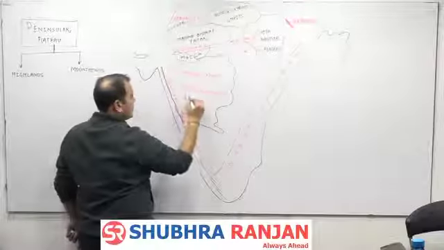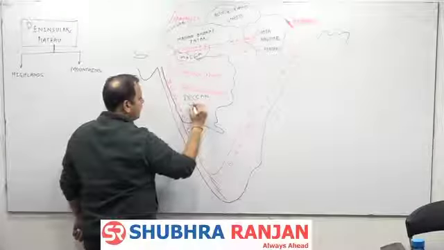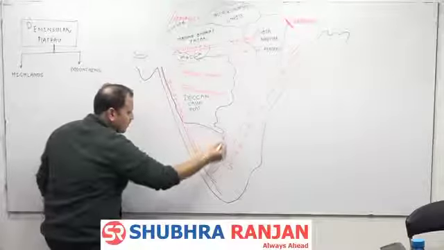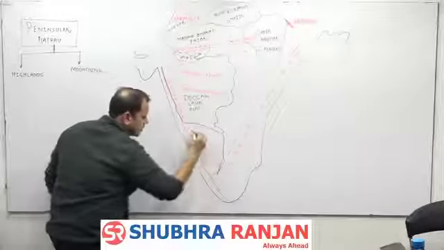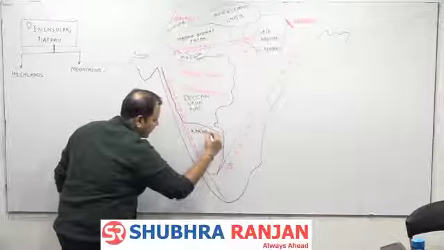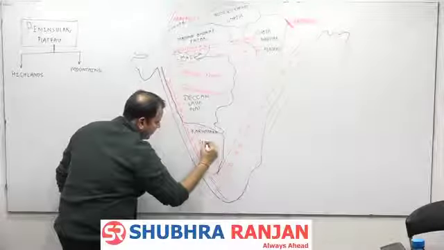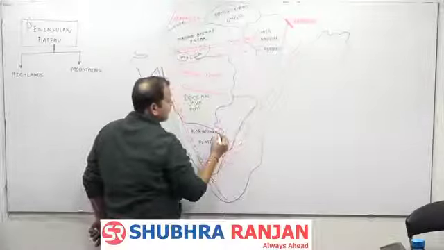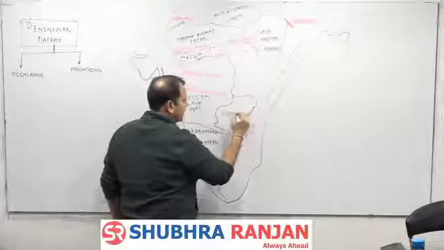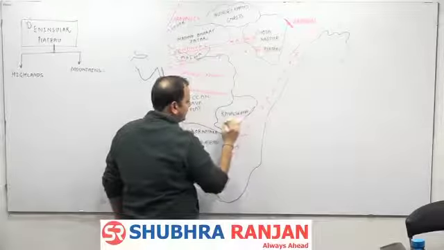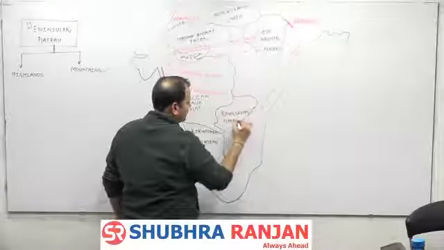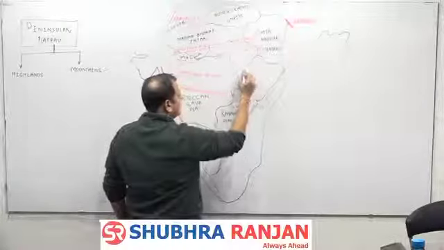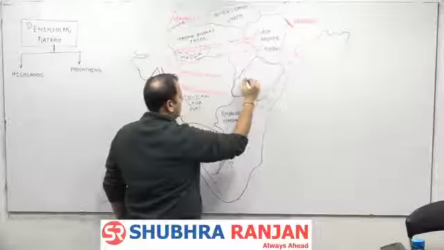This is what is known as a Deccan Lava Plateau, or what is known as a Maharashtra Plateau. This is Karnataka Plateau. This is Rayalaseema Plateau. This is Telangana Plateau.